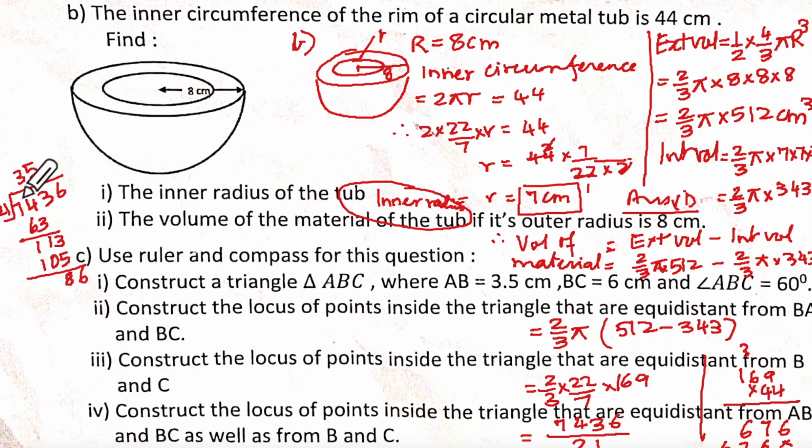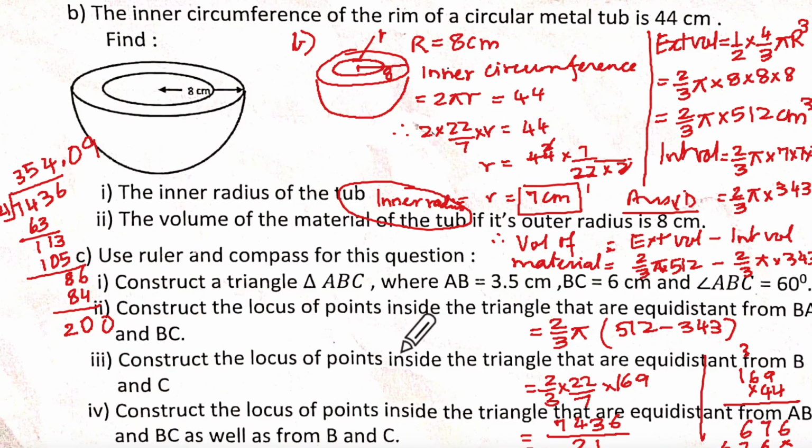Then 6, 4s are 84, correct? Then remain 2. Decimal point 0, 0. Then this will go 9 times, correct? That should be enough. Understanding? So what is the answer? This will be equal to 354.09 centimeter cube.